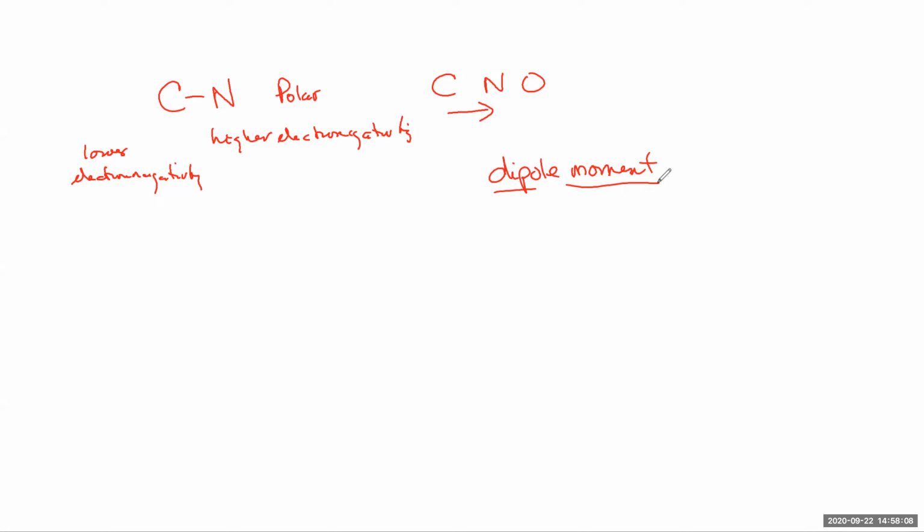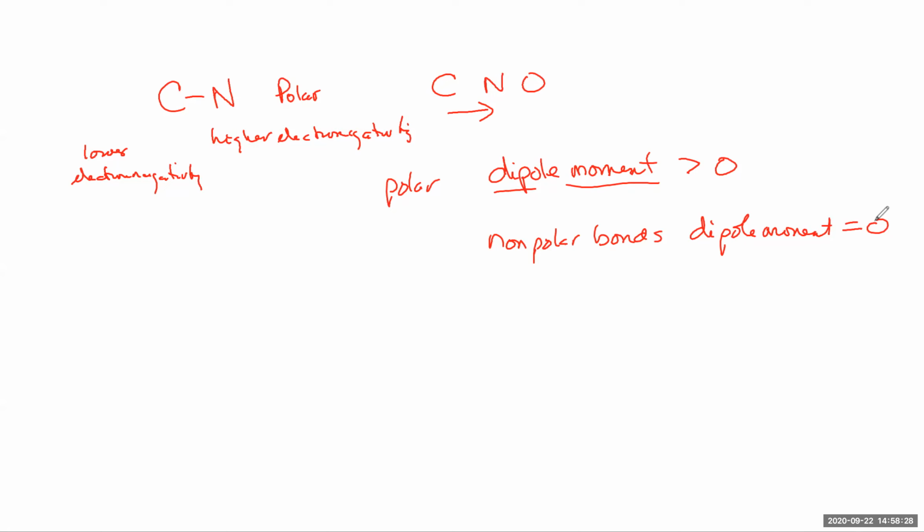And so polar bonds have a dipole moment that is greater than 0, and nonpolar bonds have a dipole moment equal to 0. And so we're not going to go too far into that.